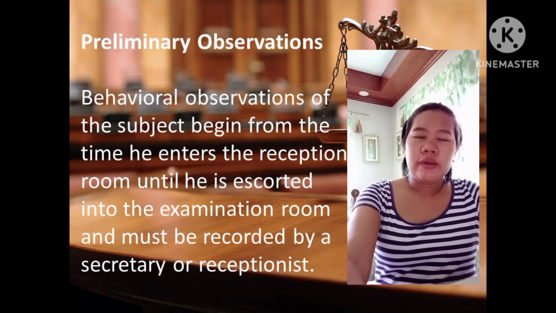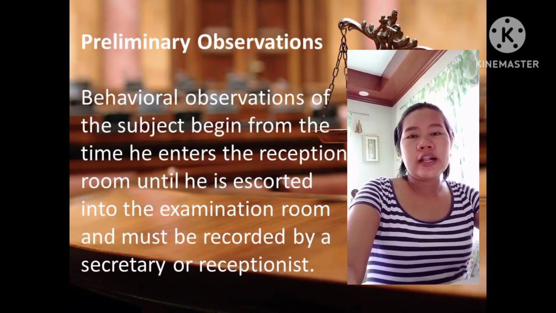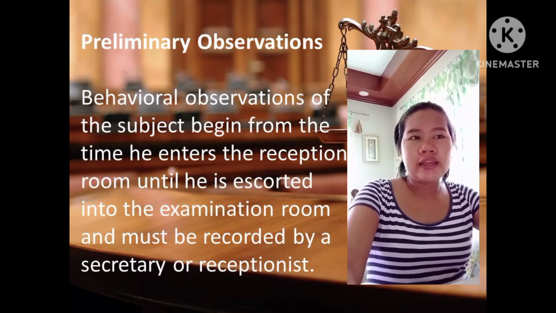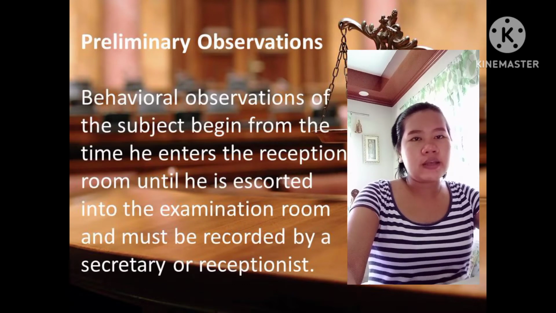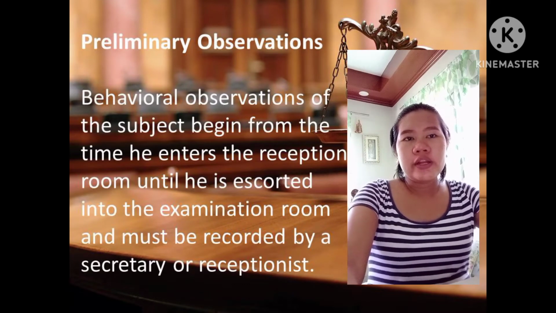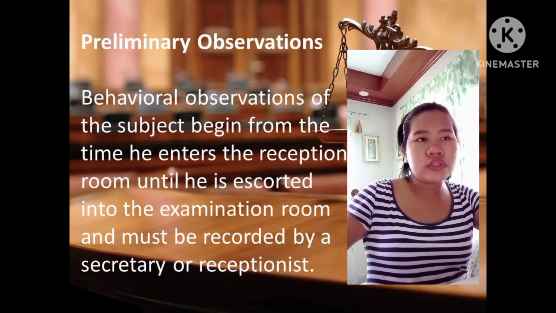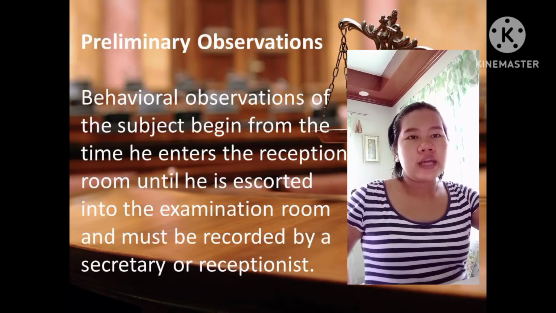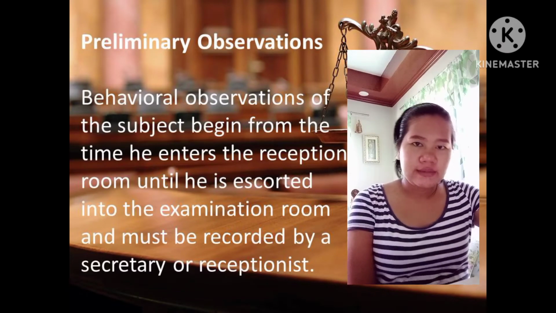What to observe are the subject's general conduct or behavior while in the waiting room. This will give the examiner a clue or guide in the most effective handling of the subject, particularly with regard to his possible resentment toward the test or other attitudes which should be understood and alleviated before the actual administration of the test.